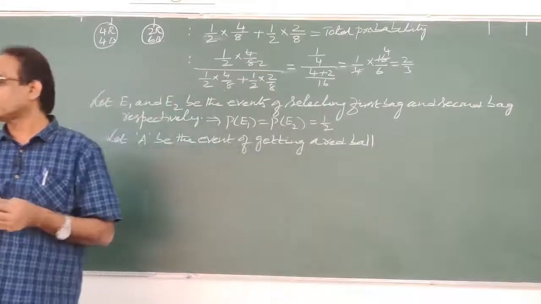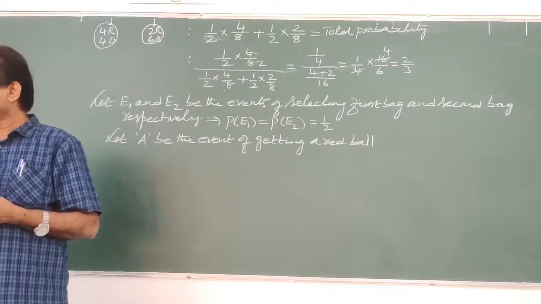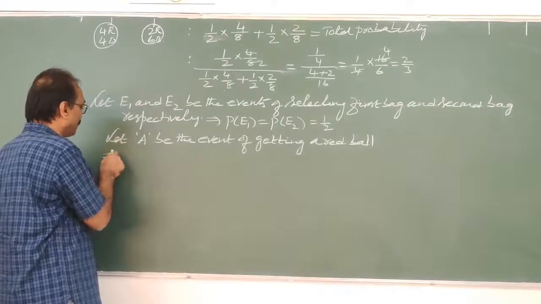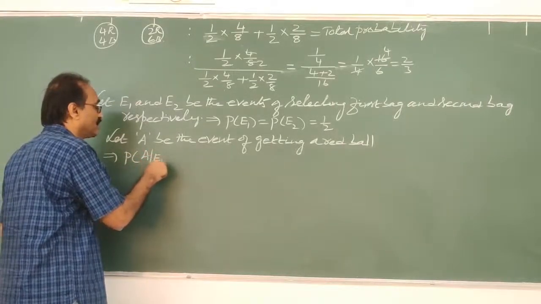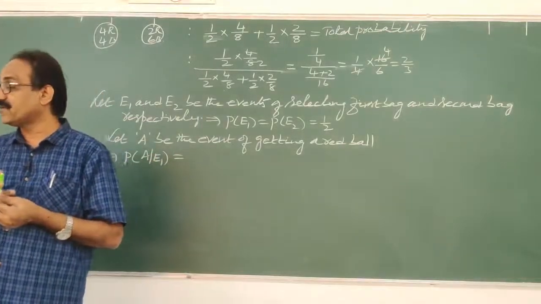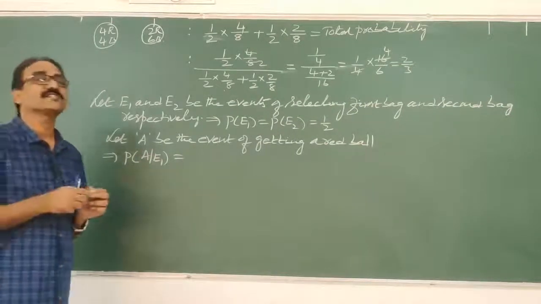So this implies, what you have to write now, P of A given E1. My dear students, it is easy to tell. What does this mean? Probability of A given E1 means the probability of drawing a red ball from first bag.